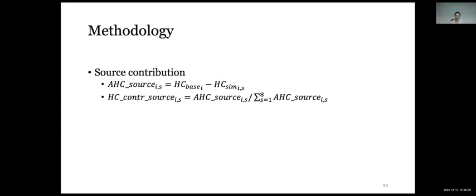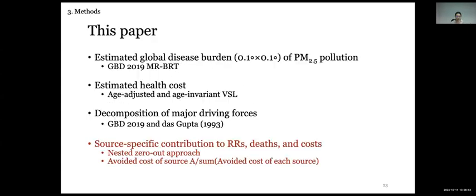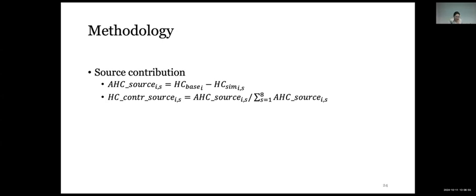The last one is source apportionment. We applied a nested zero-out approach to quantify the source apportionment to health cost, relative risk, and deaths. Here I wanted to take health cost as an example. I calculate the health cost from PM2.5 from all sources, and then I calculate the health cost from PM concentration that removes a certain source.